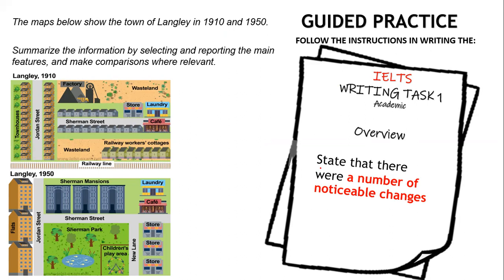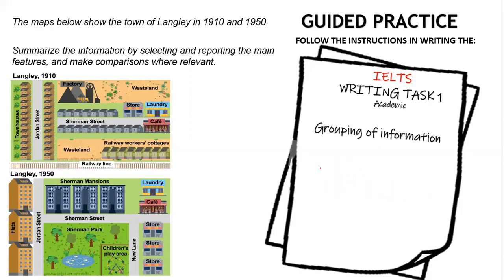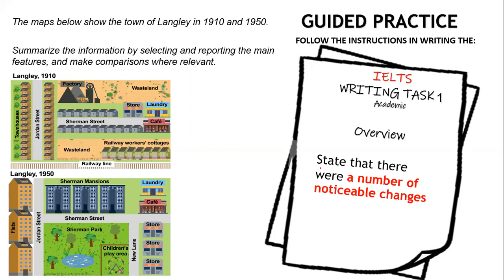If there are a lot of changes that transpire in the map, you can use words like dramatic, significant improvements, or you can use a number of, or several. If there are a lot of improvements that happen in the map, okay?